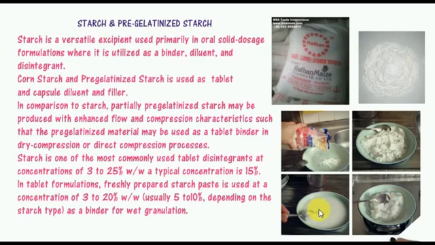The slurry is first prepared, and then the paste is prepared by heating it on some heating source, for example a water bath, or by adding boiling water to this slurry to convert it into this paste form.